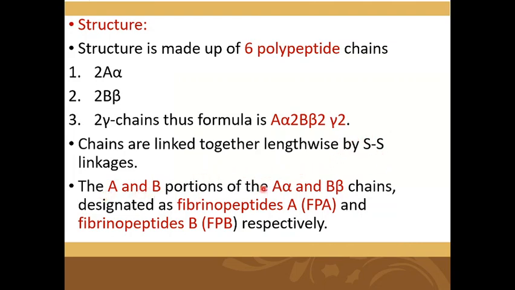The A and B portions of the alpha and beta chains are known as fibrinopeptides. Fibrinopeptide A is composed of A alpha chains, and fibrinopeptide B is composed of B beta chains.